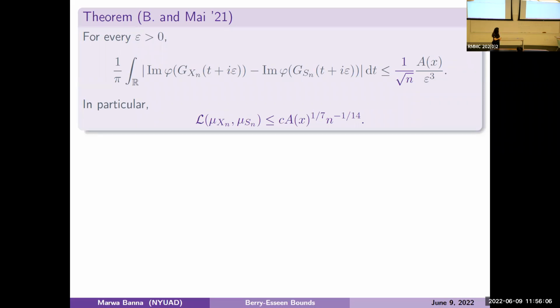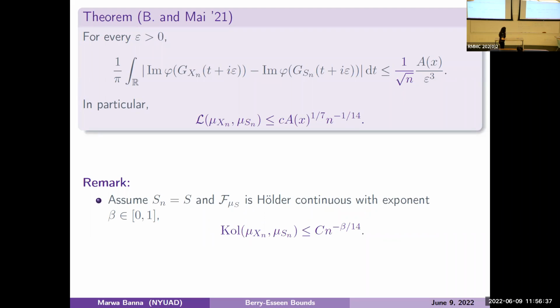So we get that this integral term is upper bounded by 1 over square root of n times this term, which includes the moments of second and fourth order. And once we use the bound I showed you before and we optimize, we get this quantitative bound on the level of the Levy distance. So we're not claiming that this n to the power minus 1 over 14 is optimal, but it is the first quantitative bound in the operator valued setting.